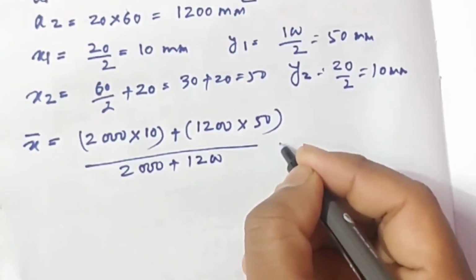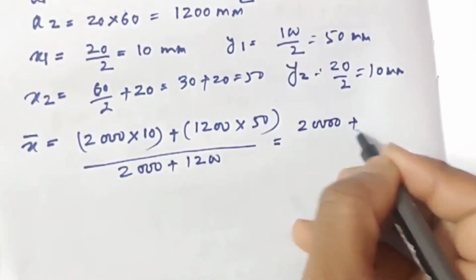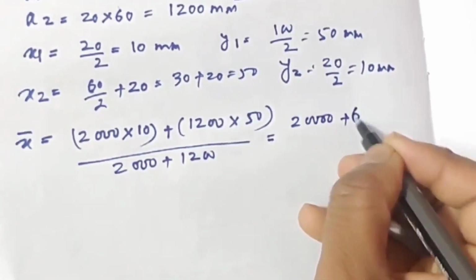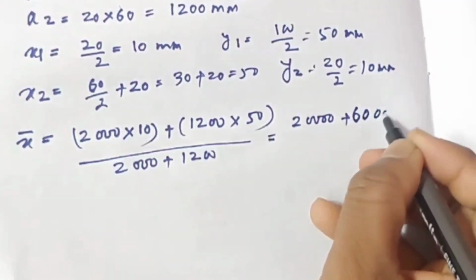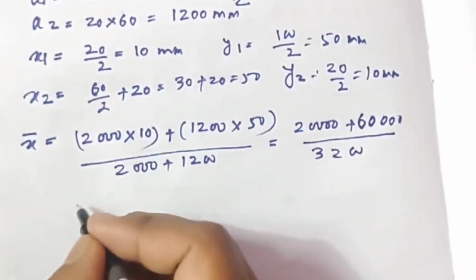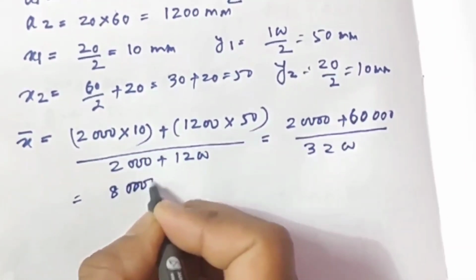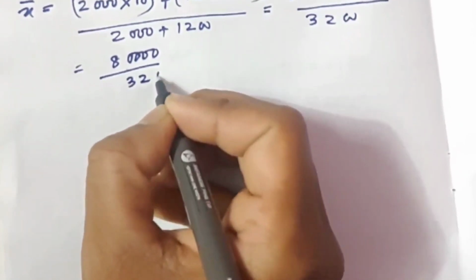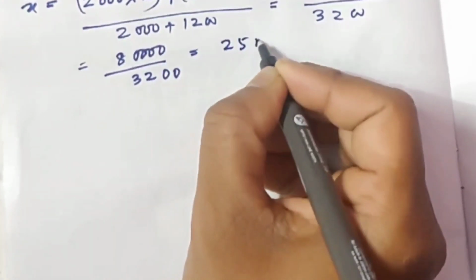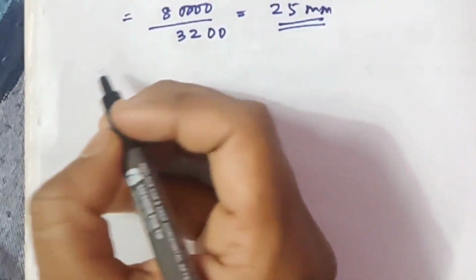So 2000 into 10 is 20,000, plus 1200 into 50 is 60,000, giving 80,000 divided by 3200. The answer will be 25. I have done the calculation previously. That is our x bar.